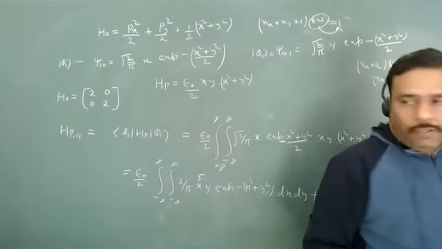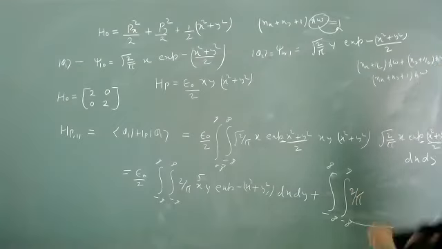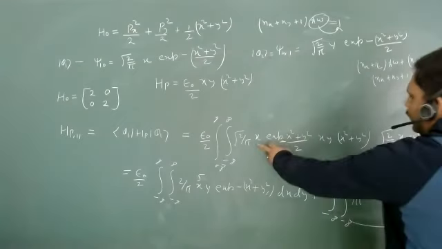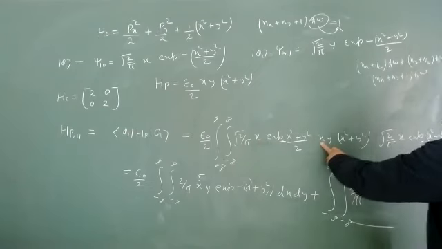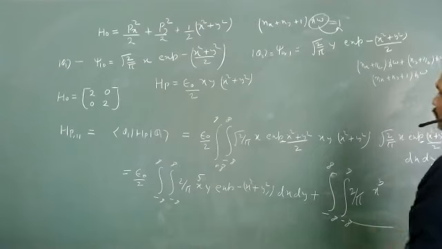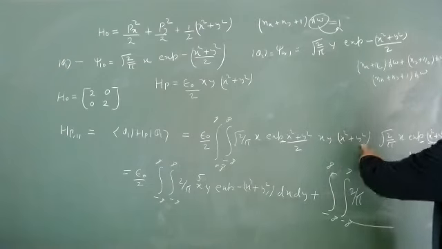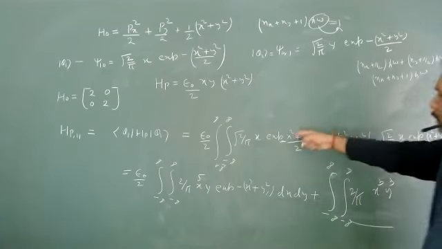What you have is 2 upon pi, and then you have to multiply with this. So x into x into x, that will be x cube, and here y into y is y cube, and this value into this value.